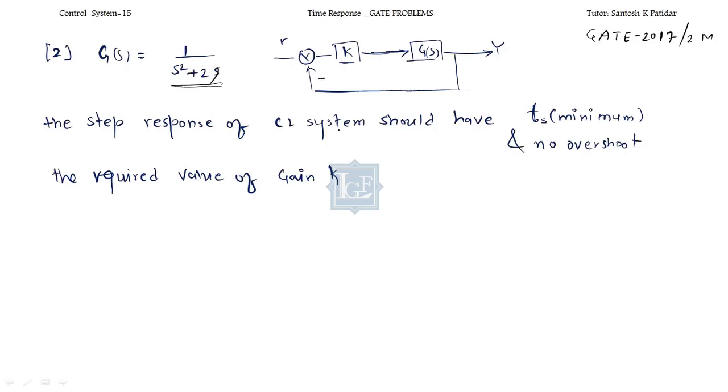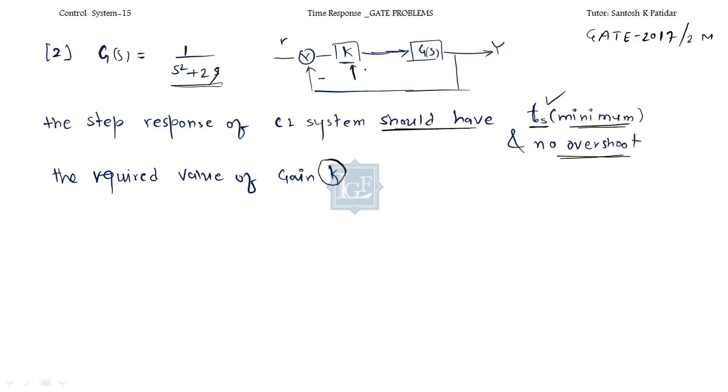The step response of the closed loop system should have 2 conditions. Ts, the settling time, should be minimum, and no overshoot. So for these 2 conditions, what is the required gain k?